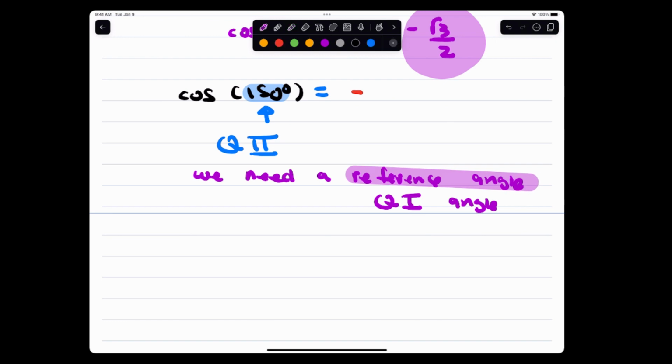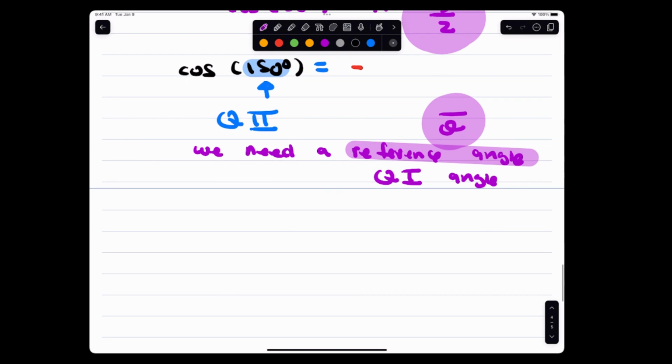This reference angle is theta with that line. Reference angle. You guys okay with that?